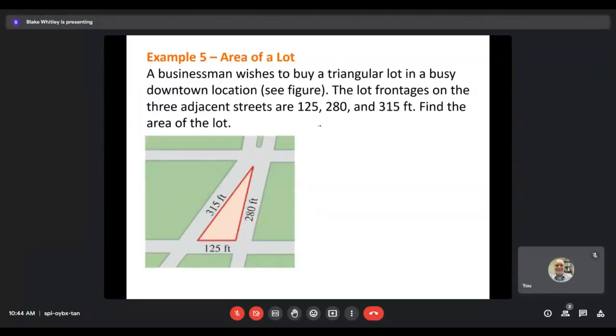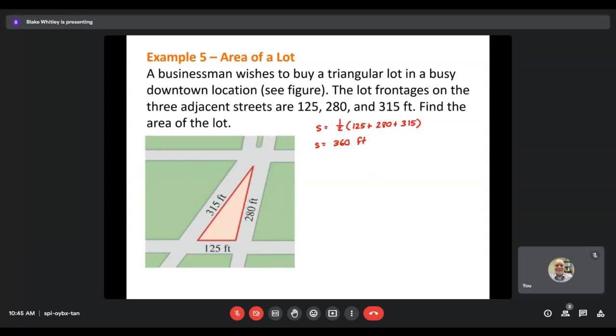So S equals 1/2 times 125 plus 280 plus 315. And if we do that, that should give us 360 feet for our semi-perimeter.